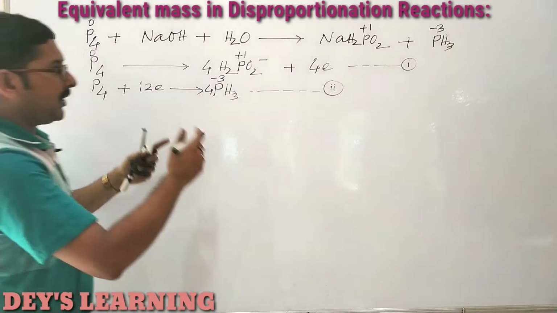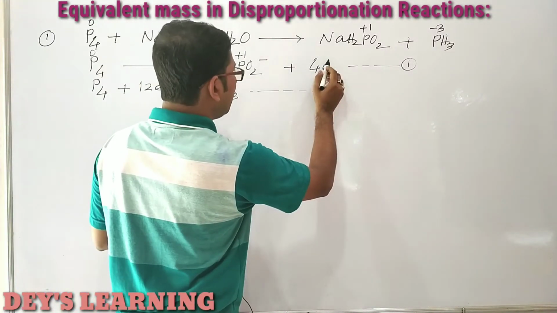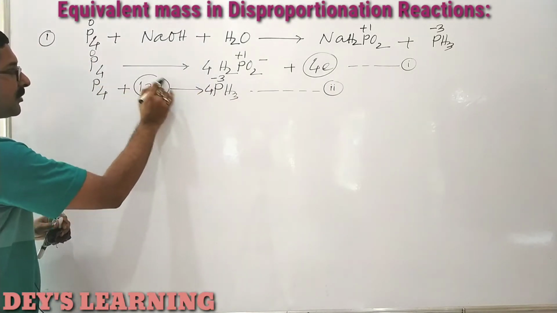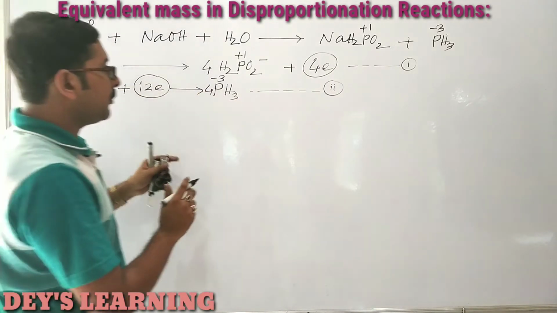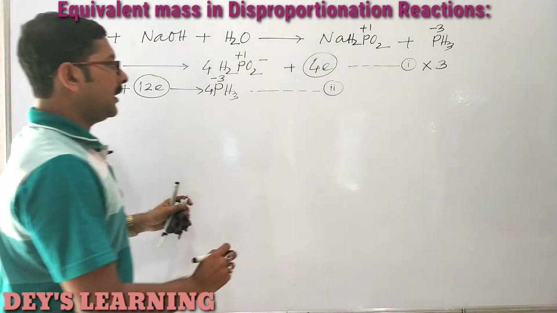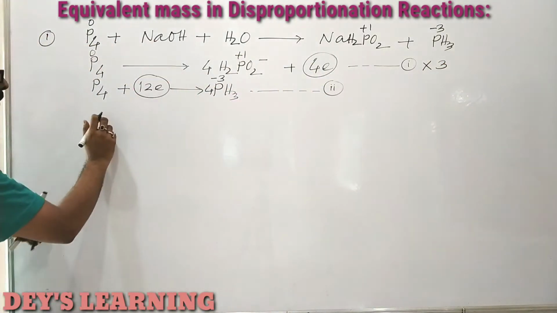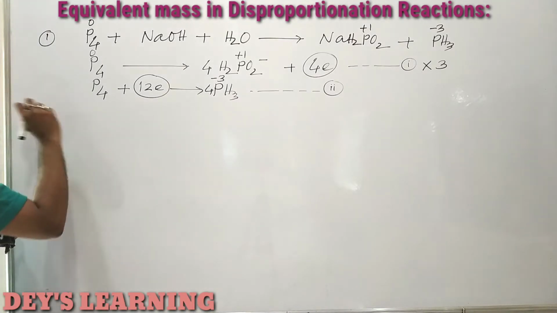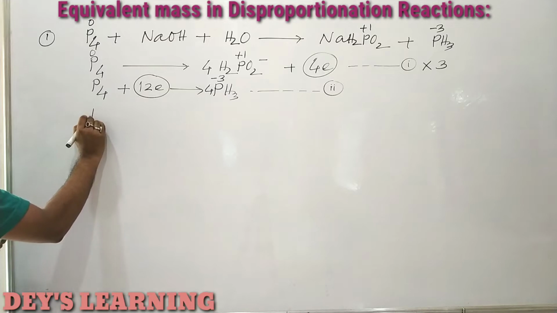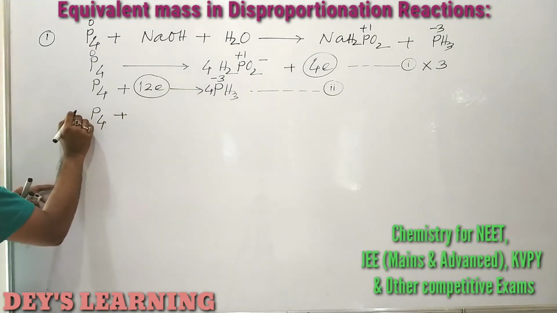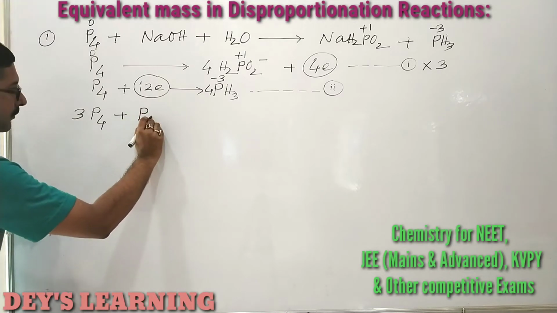So if we balance this reaction, we have to balance the electrons. 4 electrons are involved here and 12 electrons are involved here. So we have to multiply this equation by 3, and adding equation number 2, we have 3P4 plus P4.